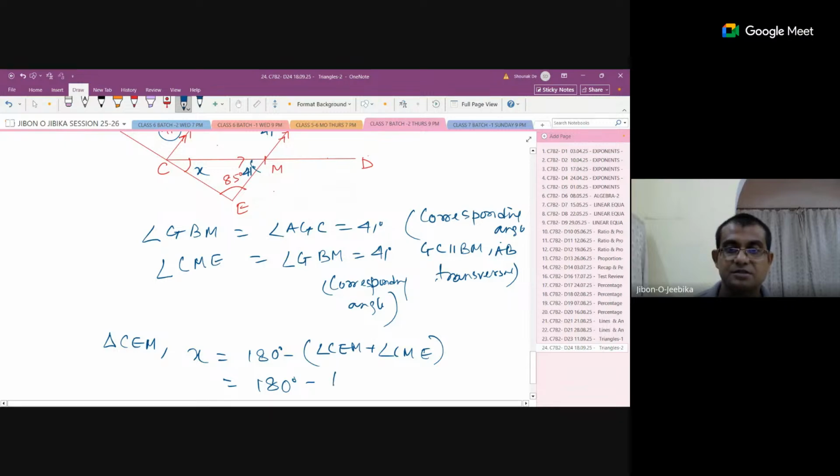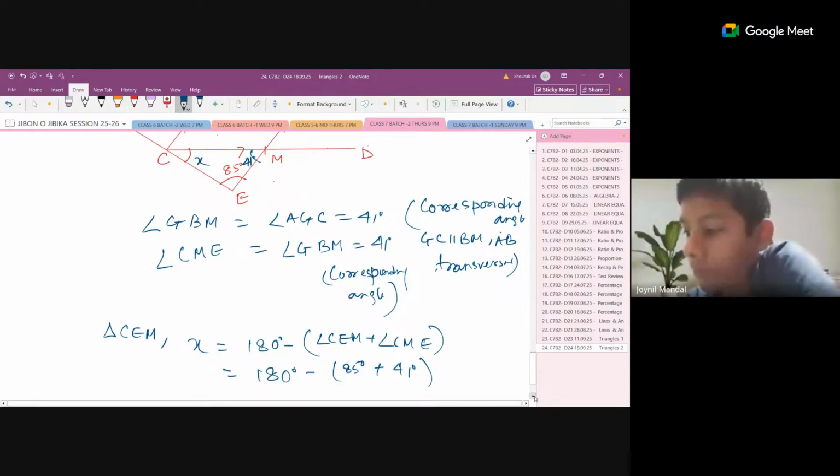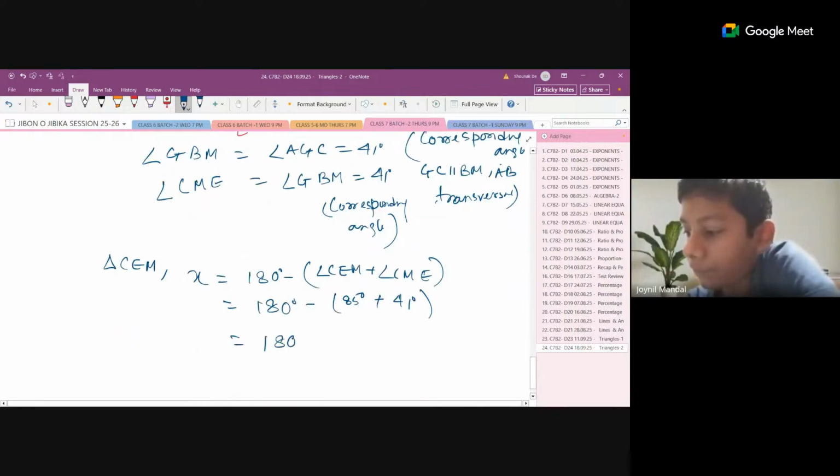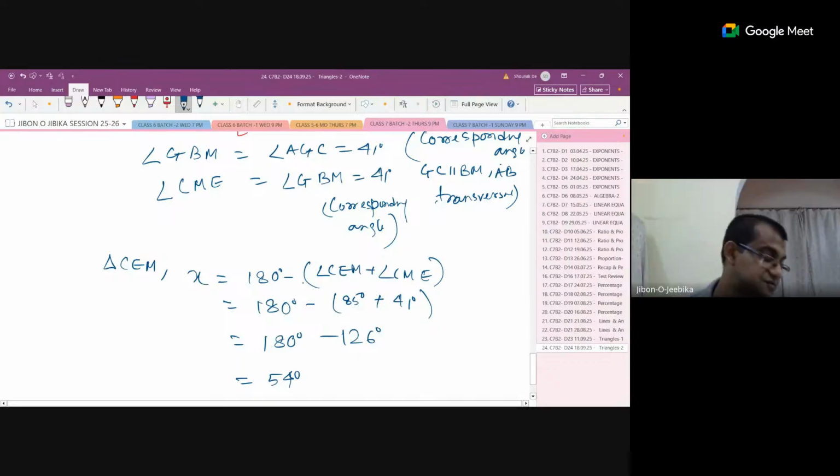So this is 85 degree plus 41 degree. So answer is 54 degree. কি আছে অঙ্কটা? অঙ্কটা সিম্পল অঙ্ক। Why you all thinking it's complicated?